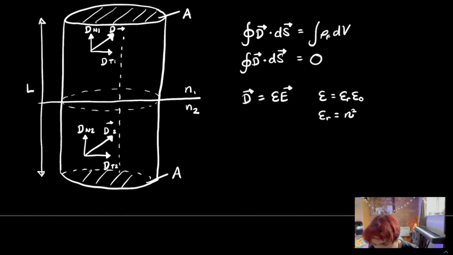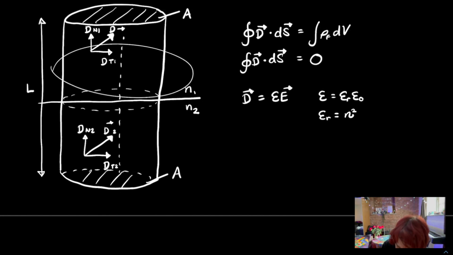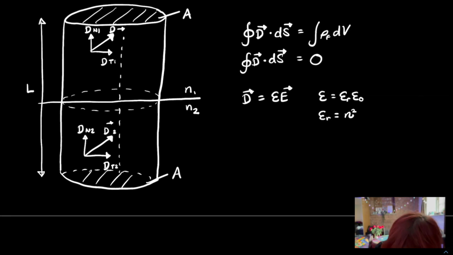So what is the flux? Well, this closed integral is going to be the sum of the flux going out this end, the flux going out this end, and of course the flux going out the center. So what is this sum going to be? We have this component of the vector pointing out of here, so we're going to get a positive flux from dN1, multiplied by the area.